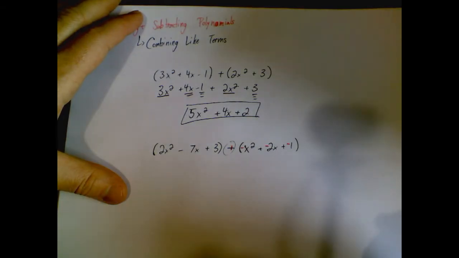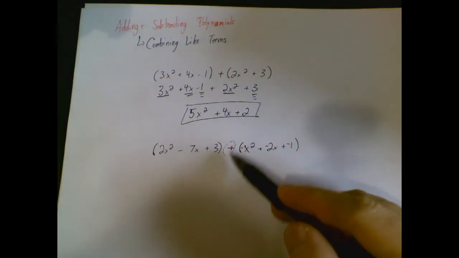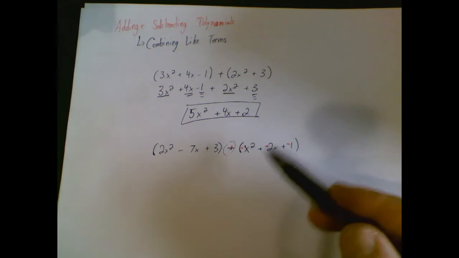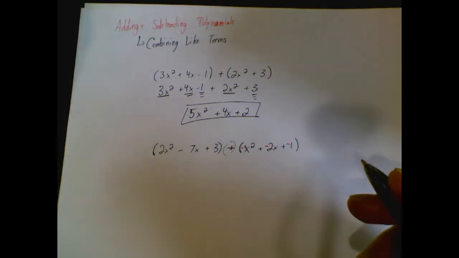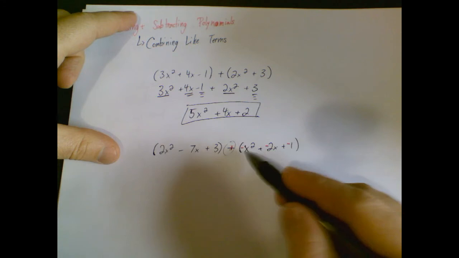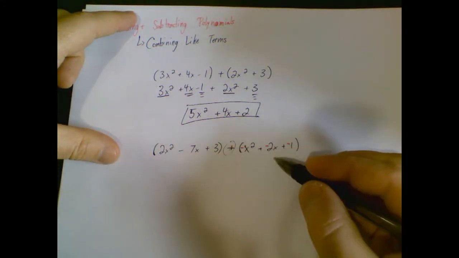It doesn't disappear. That is a very common mistake people make, is they're going to distribute this, and then they turn this into multiplication, which is what happens if there's no symbol there, and that's not what we want. So now it's addition, flip all the signs on the second one, only the second one, then it's the same as what I had before.